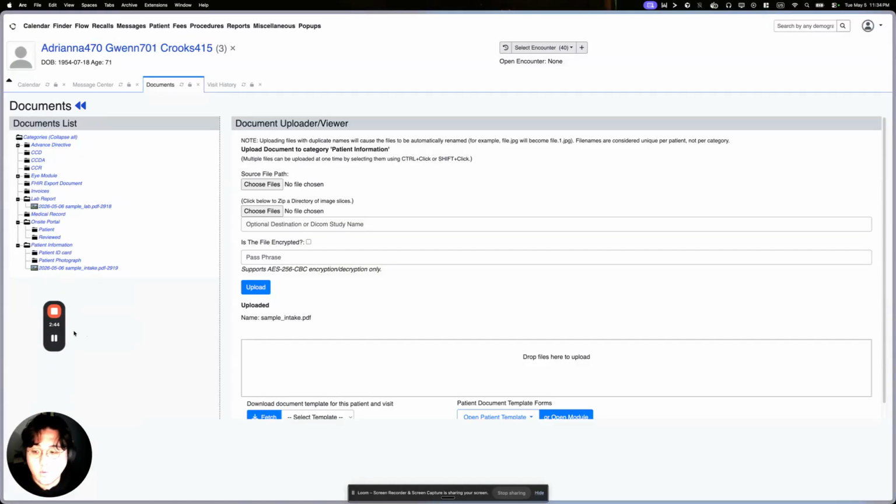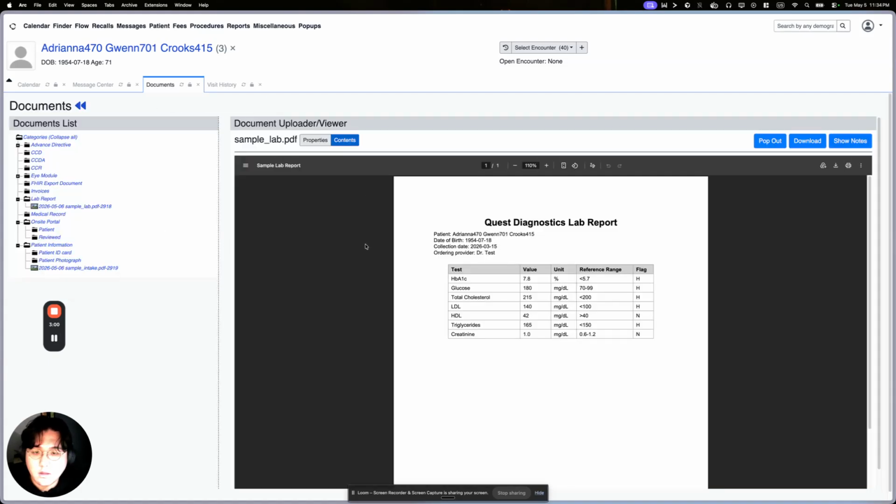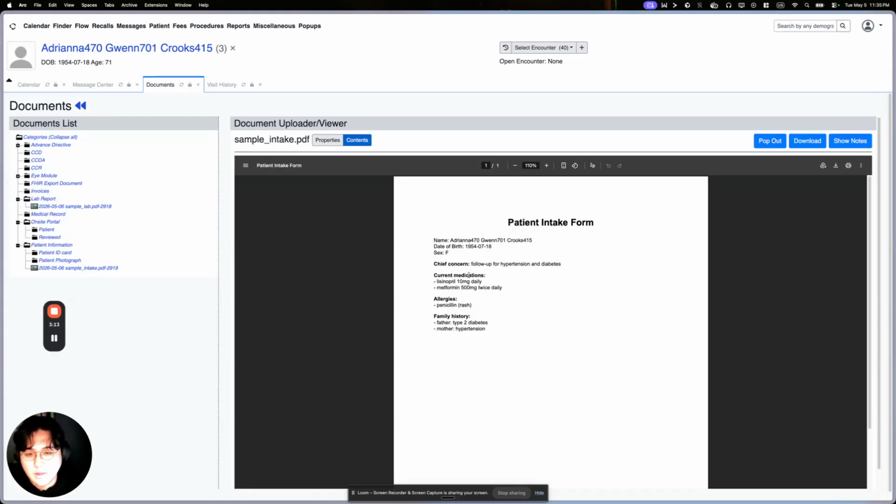This fits a scenario where the front desk might upload some PDFs regarding a person's intake form or the labs they were able to run on this patient. I'm going to show you how both rendered after they uploaded. You can see this person's blood work, and this intake form documents when they were taken in and what descriptions they had.